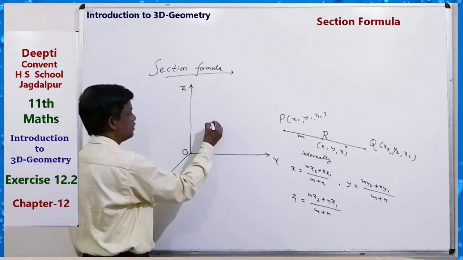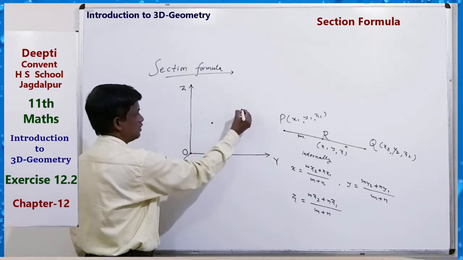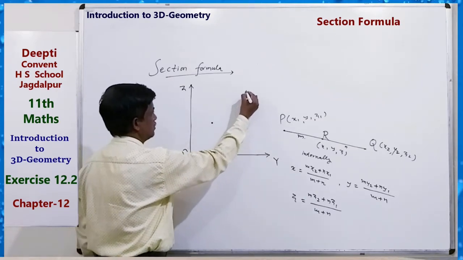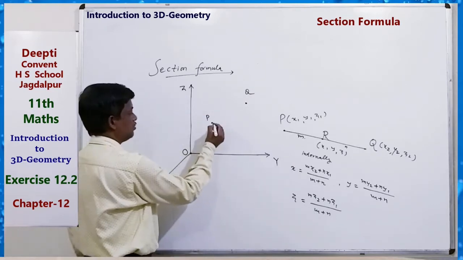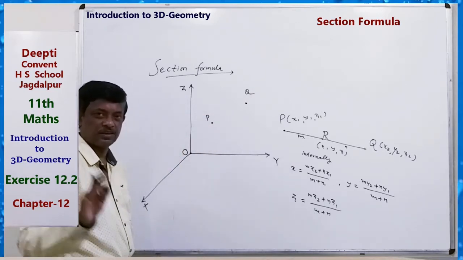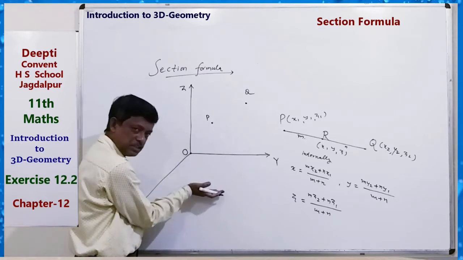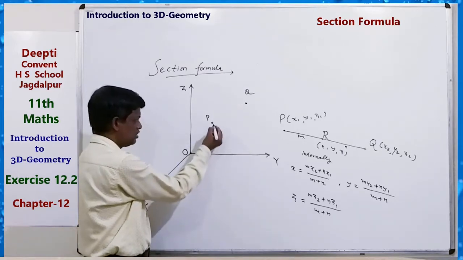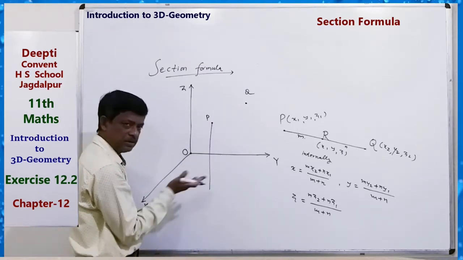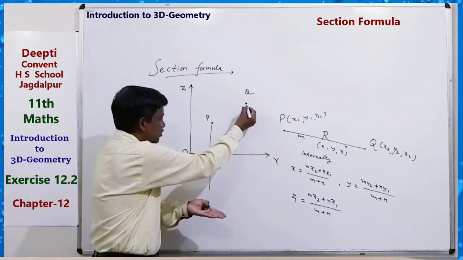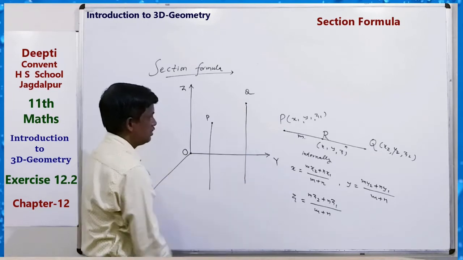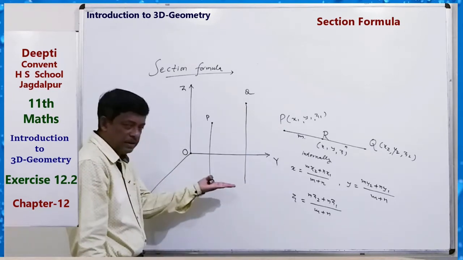Here P is this and Q is this. Now draw the perpendicular in the lower plane, and here also draw a perpendicular. So this is the plane.